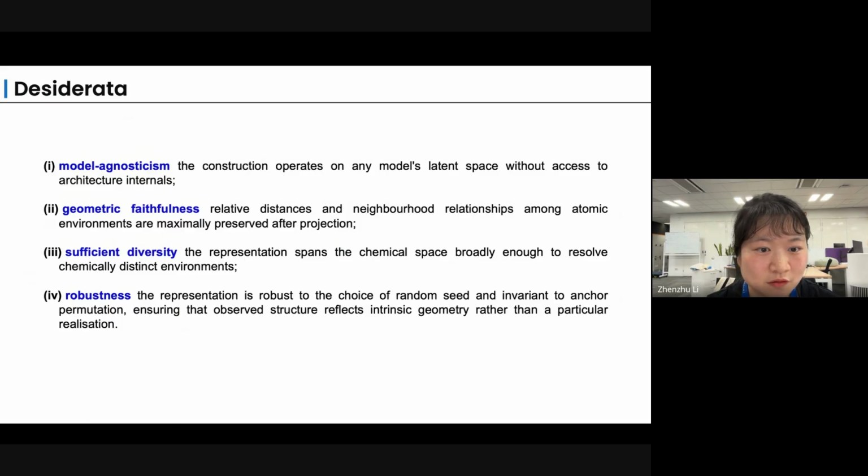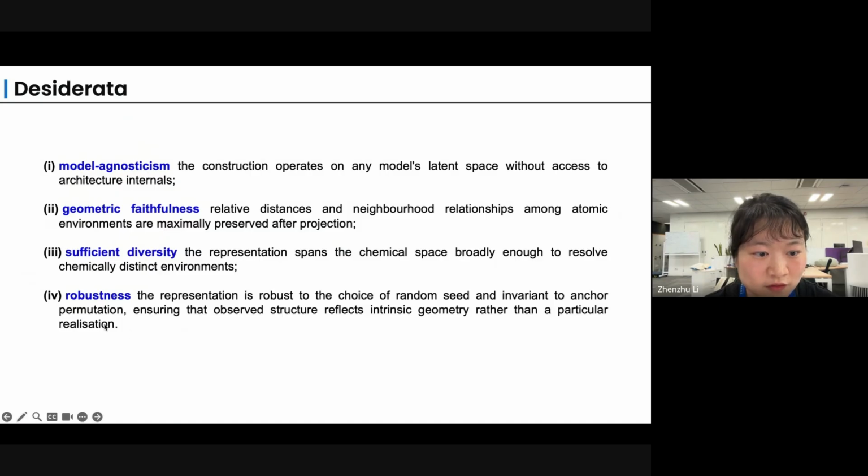Then the way of our transformation should respect the true geometric correlations of the different embeddings in the model. And then we should offer sufficient dimensional diversity, so that the representation spans the chemical space broadly enough to resolve the chemically distinct environments, which is the dimensionality of the coordinate system.